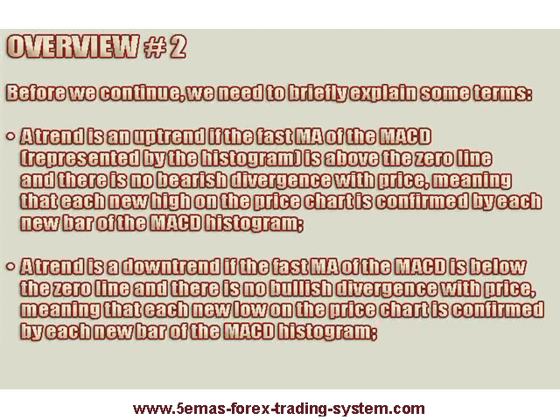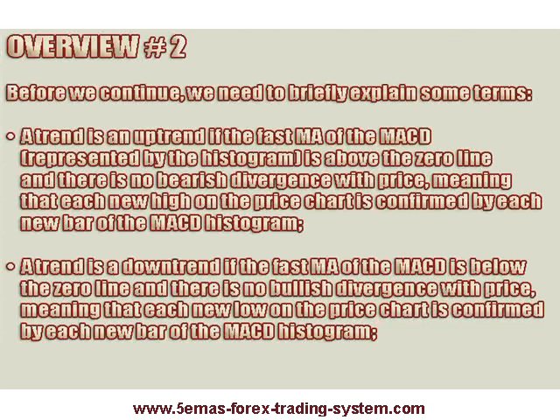Before we continue, we need to briefly explain some terms. We define a trend as being an uptrend if the fast-moving average of the MACD, represented by the histogram, is above the zero line and there is no bearish divergence with price.